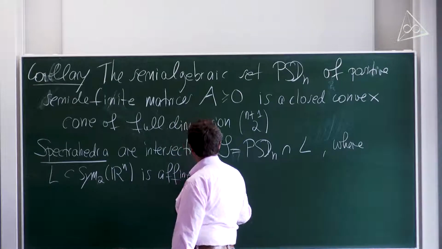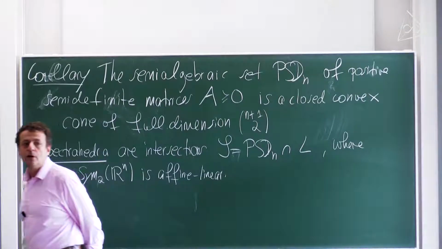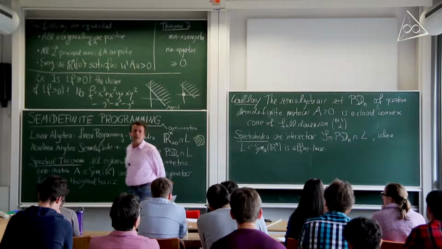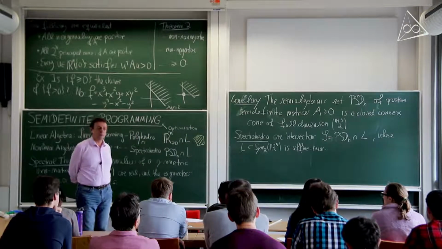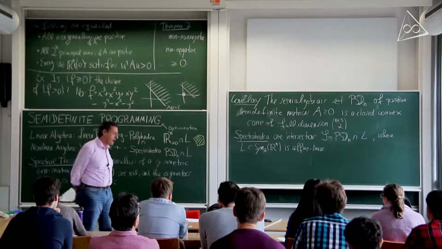So it's an affine linear subspace, by which I mean the solution set to an inhomogeneous linear system of equations in n plus 1 choose 2 unknowns, a_ij.